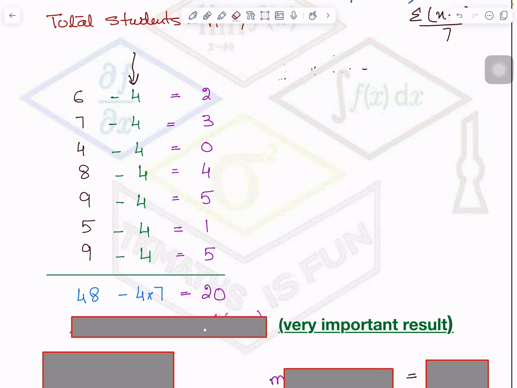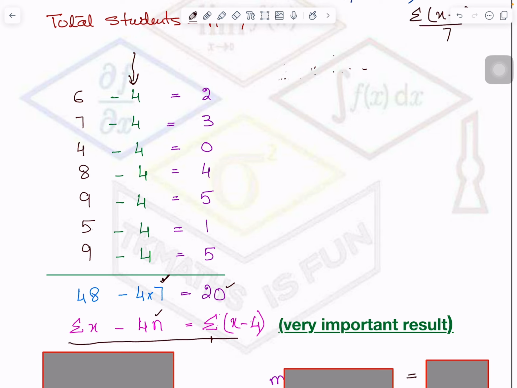So now from here, if you see, 48 is my sigma x, 4 times 7 is my 4n, because 7 is representing the total number of data, which I'm representing by n. And what is 20? Sigma means sum of x minus 4. So what did you learn from here?